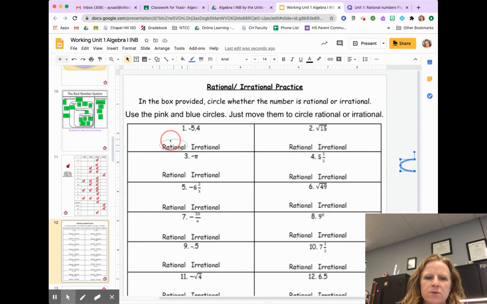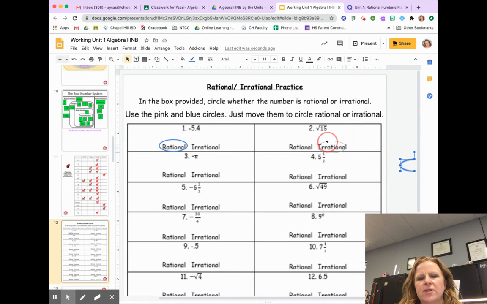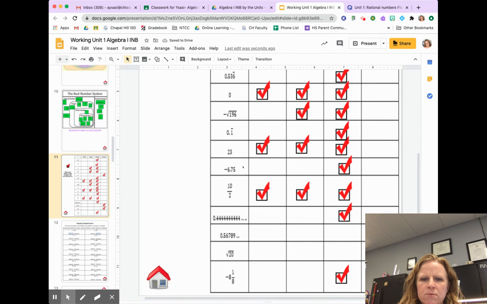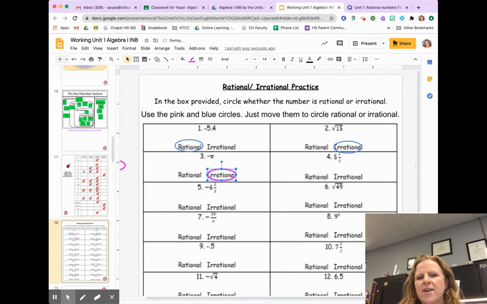Rational. Square root of 15. It's irrational. -pi. Irrational. 5.5. It doesn't matter if you're using pink or blue circles. -6 2/3.